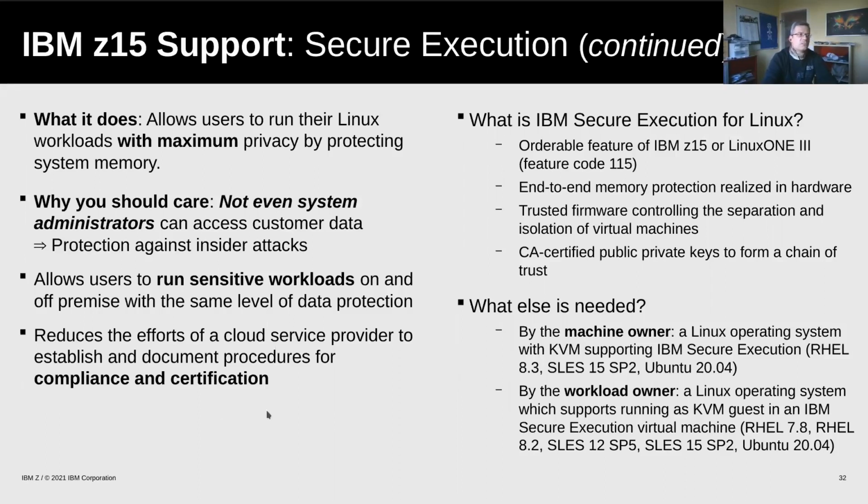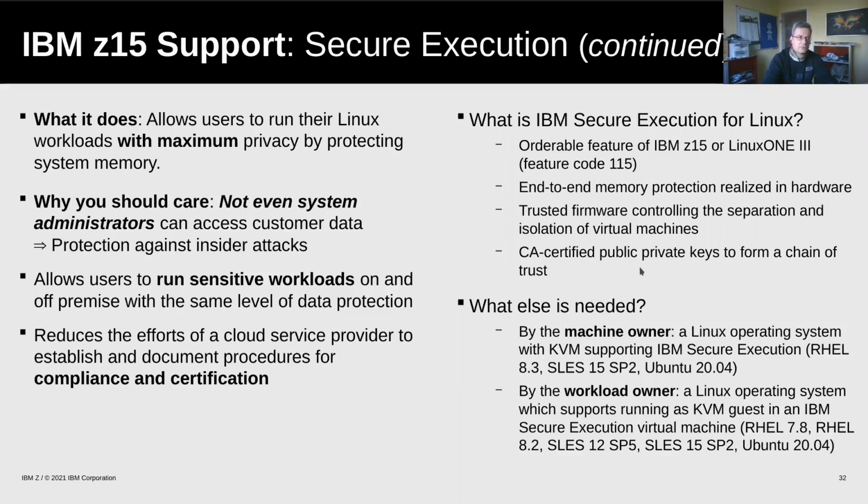If you want to get started with secure execution, well, first off, you need to be aware it's an orderable feature when you're ordering a machine. It provides end-to-end memory protection, and that is controlled by firmware, of course. And we have a whole certified public key infrastructure in there, which builds a chain of trust.